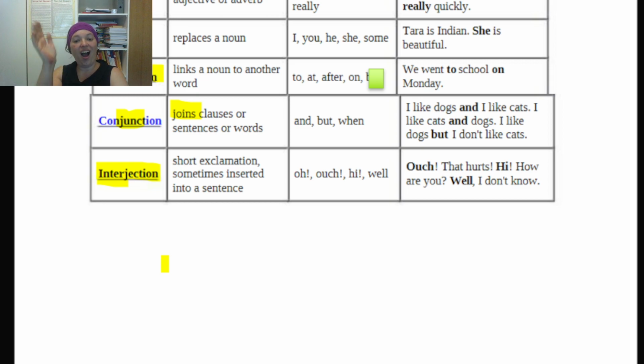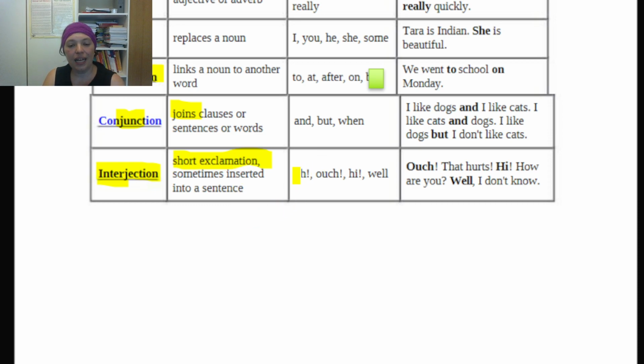Ouch! Hi! Well, I don't know. So those are all interjections. It's just something you throw in between, just to shout something. So it's a short exclamation, sometimes inserted into the sentence, but it's usually at the front of the sentence.